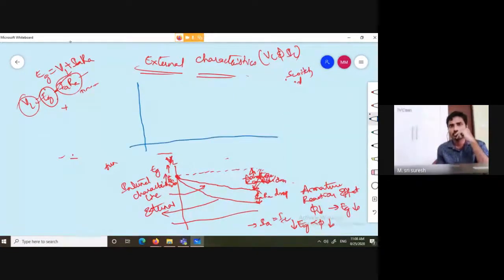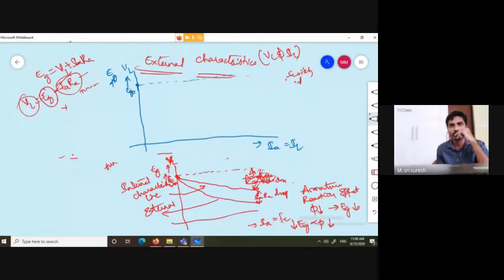On the x-axis you take IA equal to IL. On the y-axis you need to take two scales: one is EG, the second one is VL. From the no load characteristics, we have obtained the EG naught maximum. This is the EG naught maximum, so take it as a reference.